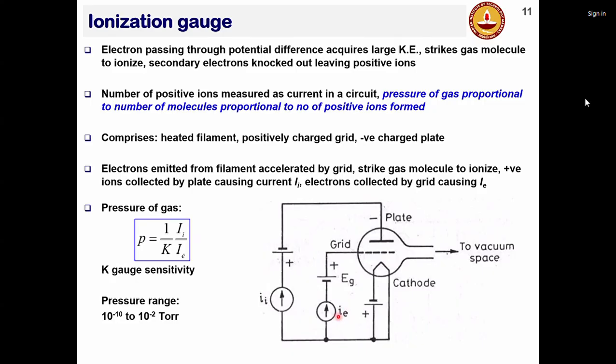Now, one can measure the pressure of the gas using this formula, which is 1 over the gas sensitivity times I subscript I divided by I subscript E. This is the current because of the positively charged ions, and this is the current because of the knocked off electrons.